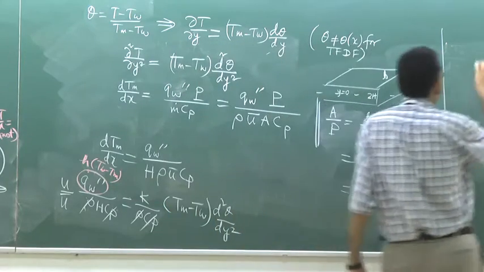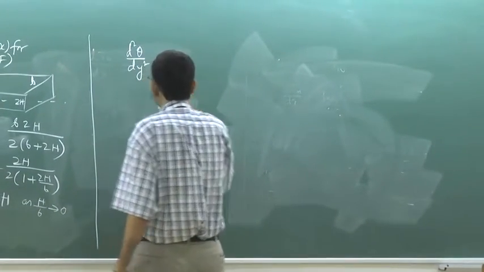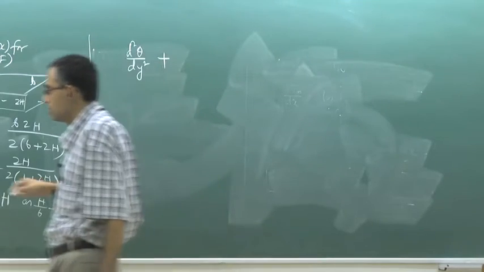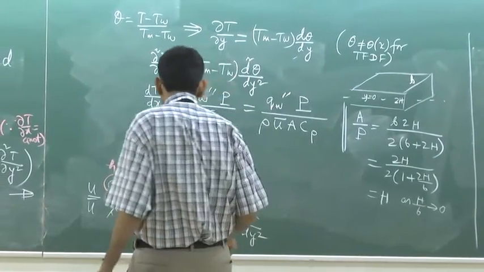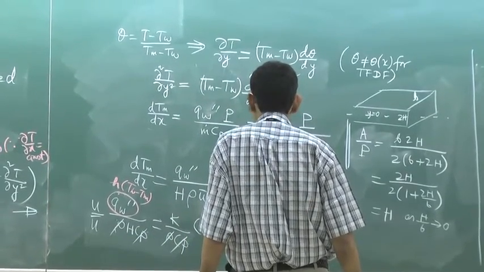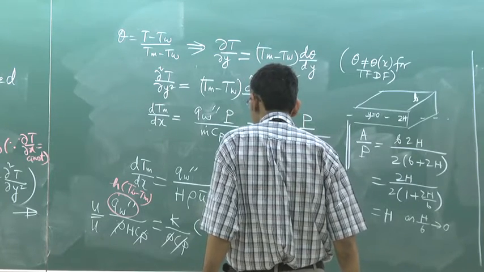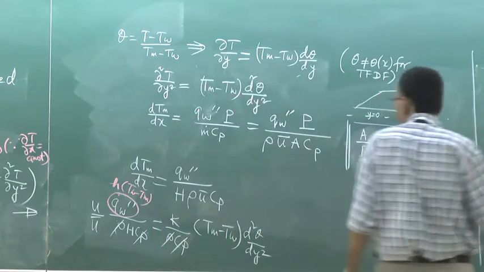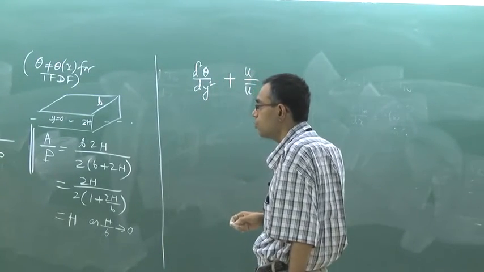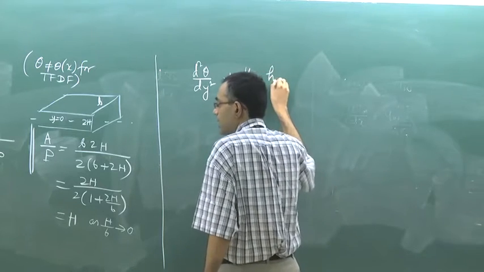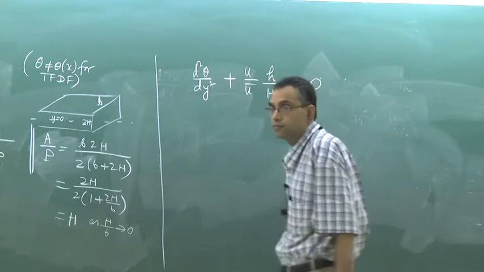So we can write d2 theta dy2 plus u by u average into h by k equal to 0, right.